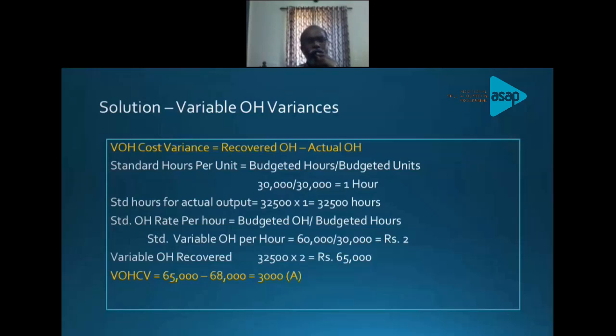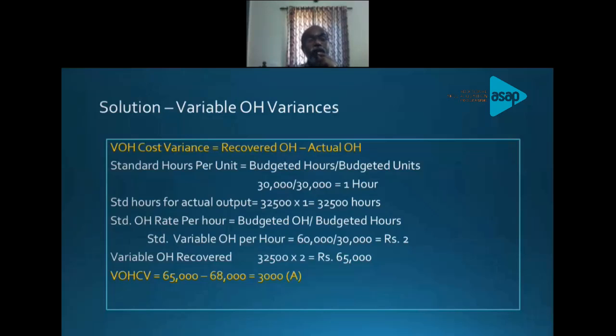So variable overhead cost variance is recovered overhead minus actual overhead. Recovered overhead we have computed, rupees 65,000. Actual overhead is given in the question, 68,000.